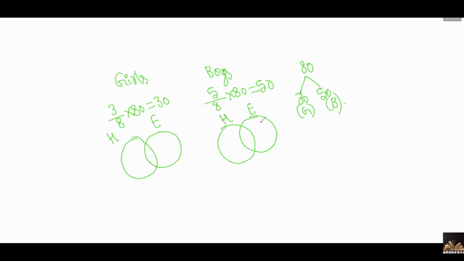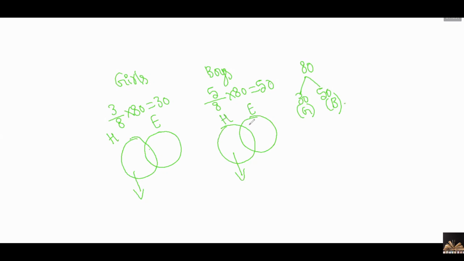Now the next information is the number of boys and the number of girls who can speak only Hindi is equal. Only Hindi means this part. The number of girls and the number of boys who can speak only Hindi, that means these two parts, should be equal.